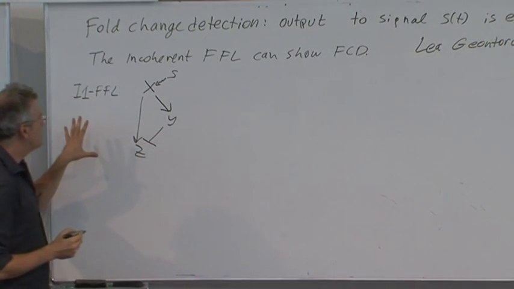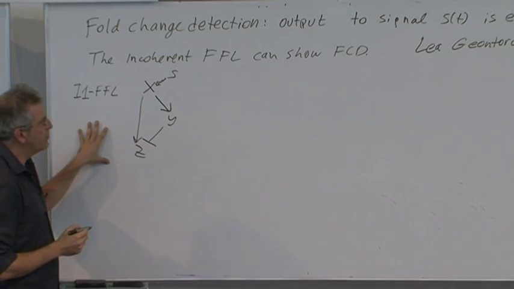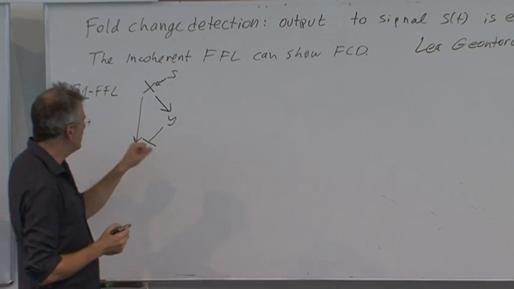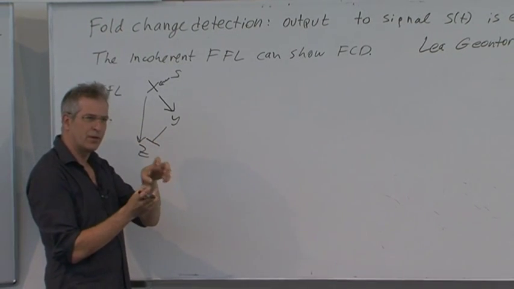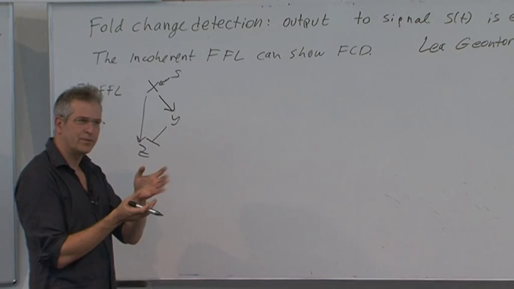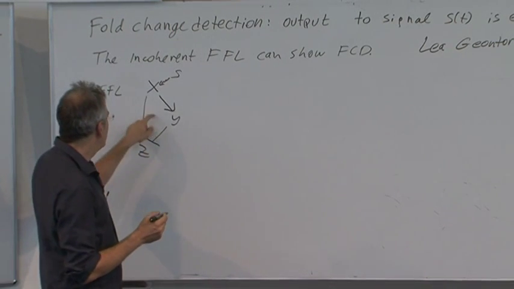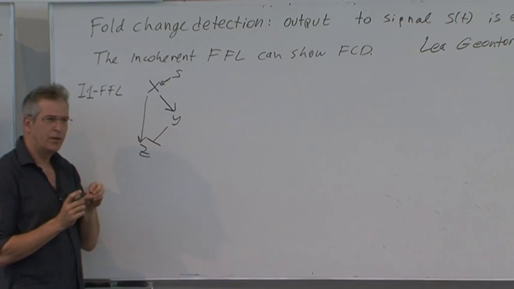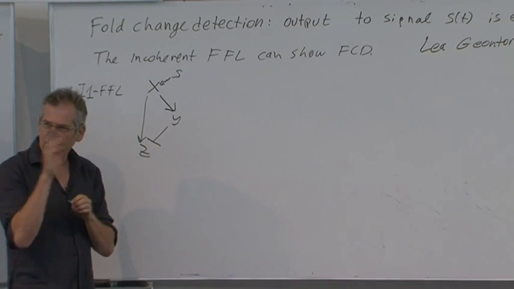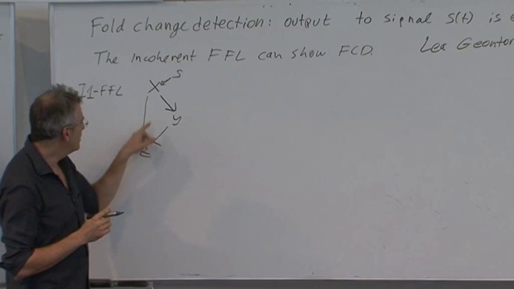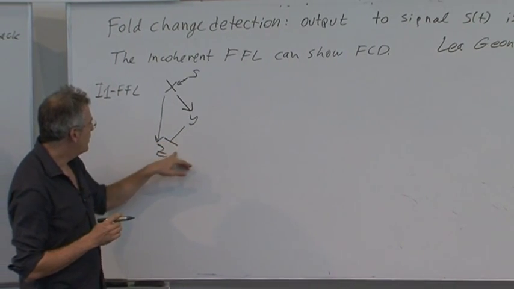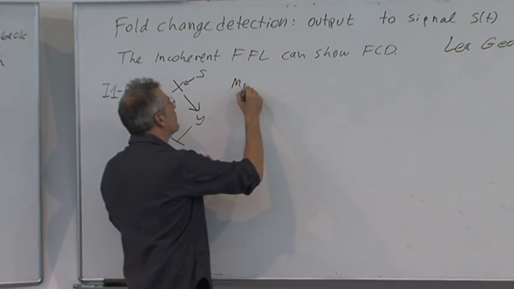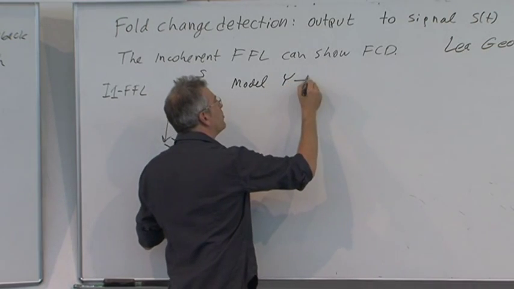And in order to see that it has fold change detection, you need some kind of division to happen there, something dividing something out, right? So we need to write a more precise model of the incoherent feed-forward loop than we did before, where we used logic step functions. So I want to talk a little bit about how we can model the repressor.